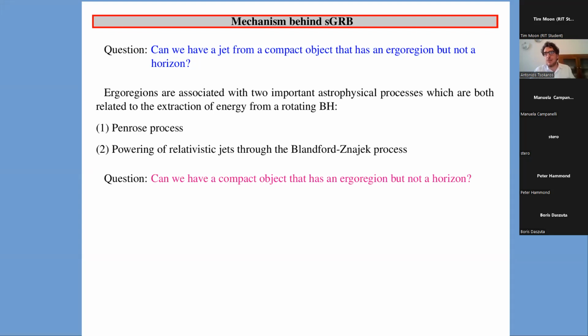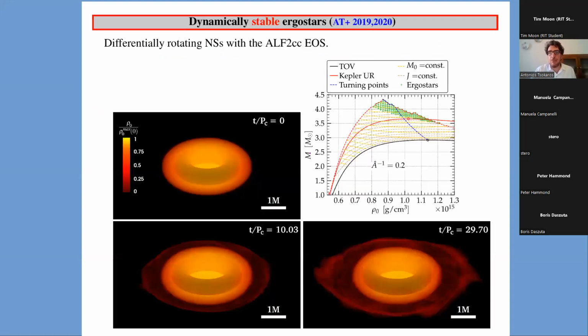The first thing is that we had to find stars that are stable and contain an ergo region, and we managed to do that. Here is a star that rotates up to 30 rotation periods and holds its ergo region, which is this toroidal region that you can see here. It is held perfectly well, so it's totally dynamically stable.